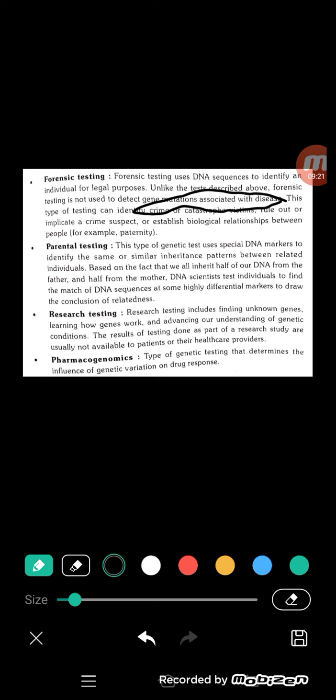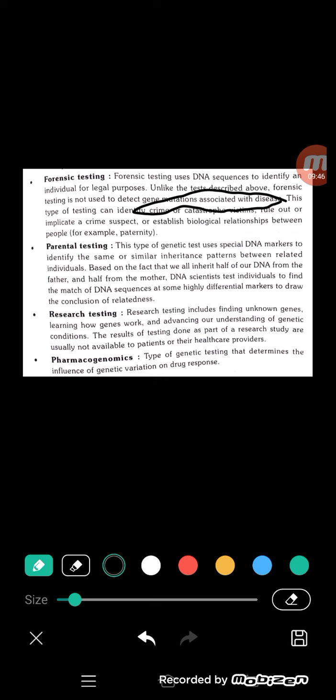And the next one, prenatal testing. This type of genetic test uses special DNA markers to identify the same or similar inherited patterns between related individuals.